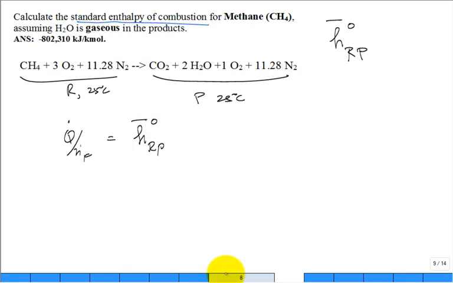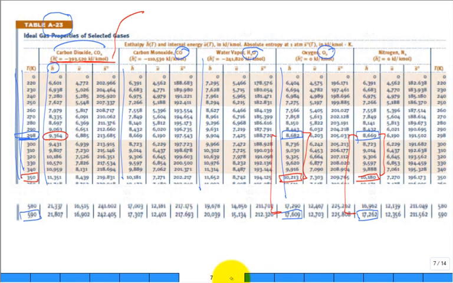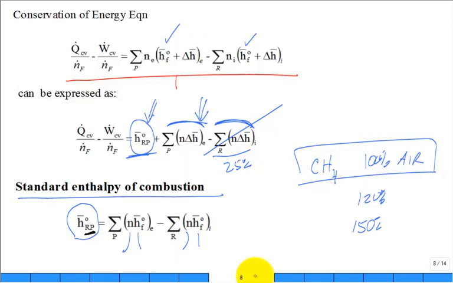Let's take a look at our equation again. Not that part, this part right here. No work. If they come out at 25, come in at 25, this is it.